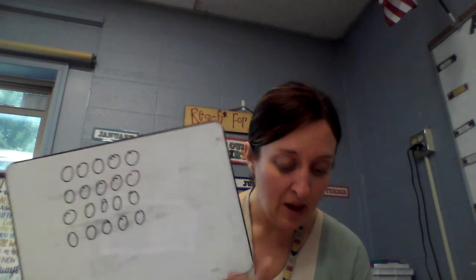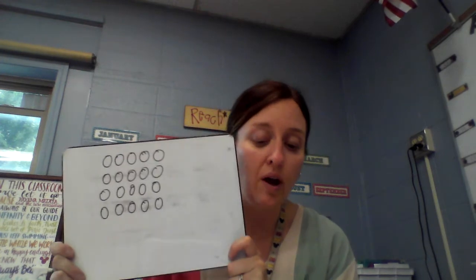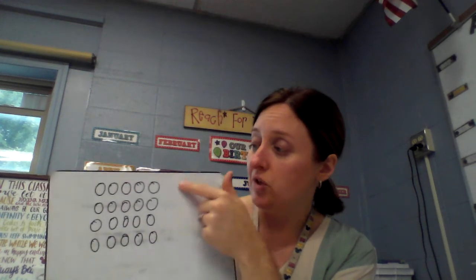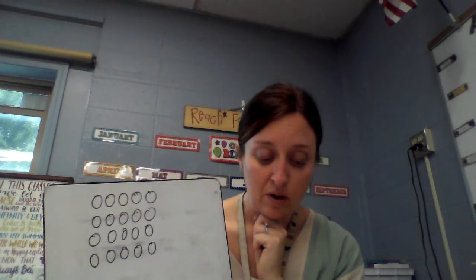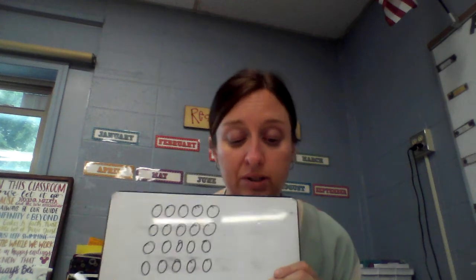Now remember, an array is a design of equal rows and columns. So if we look at this array right here, we know that all the dots are the total amount that we have. We know that each row stands for one part, and the number of rows stands for another part.